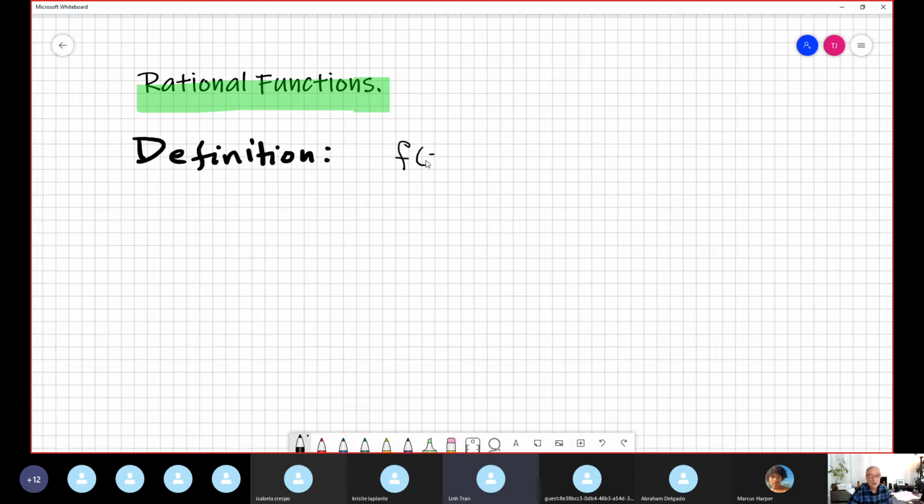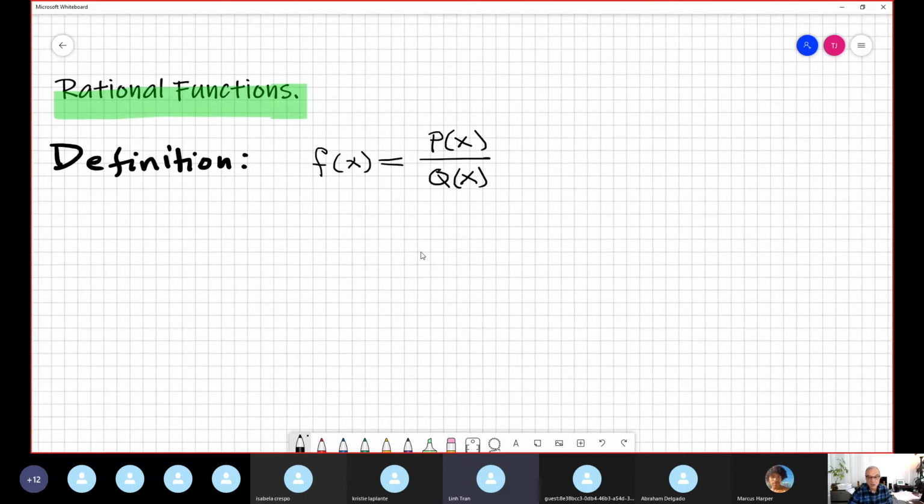A new function that is the division of two polynomials, P of x divided by Q of x. Now, who is P and who is Q? P and Q both are polynomial functions. Let's see the definition.